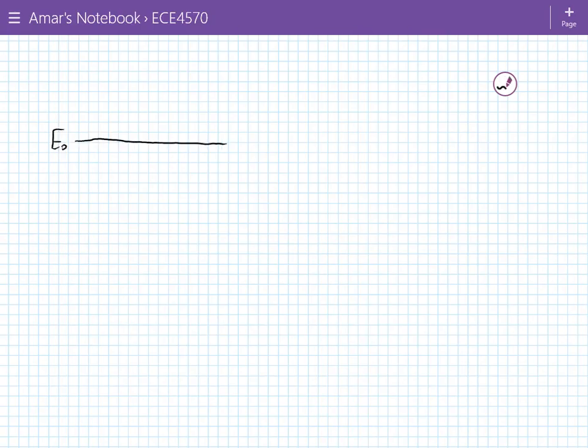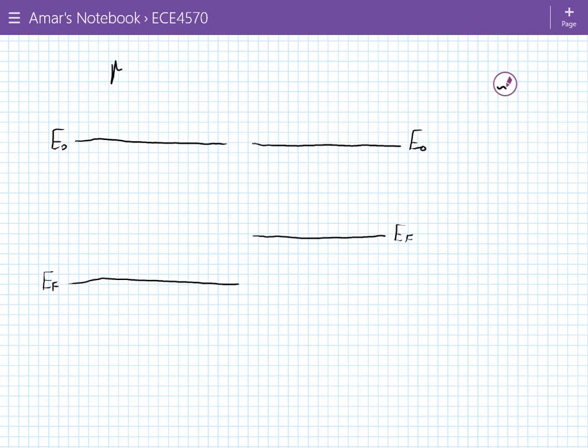E0 for the metal. And this is EF. And then this is EF for the semiconductor. This is E0 for the semiconductor. So this is the metal, and this is the N-type semiconductor.